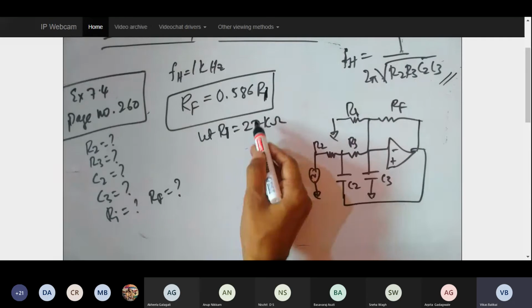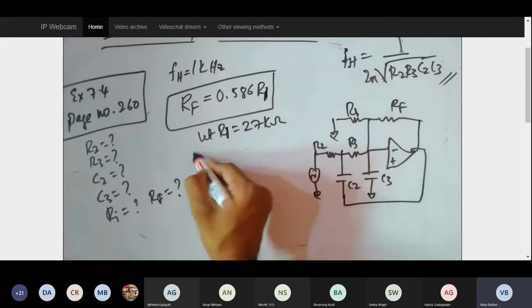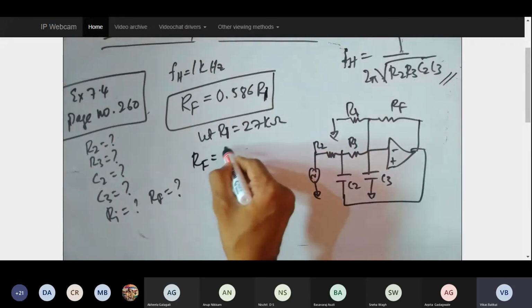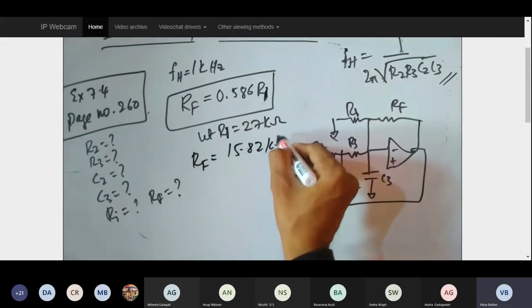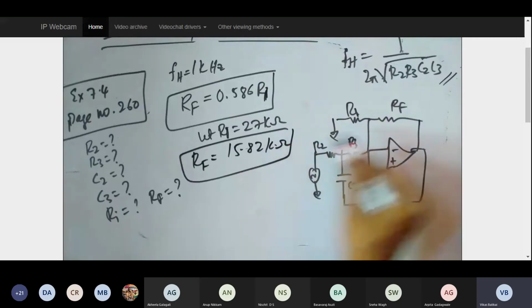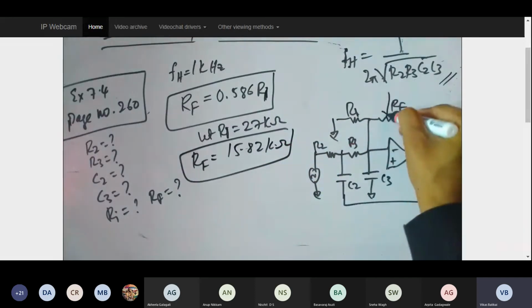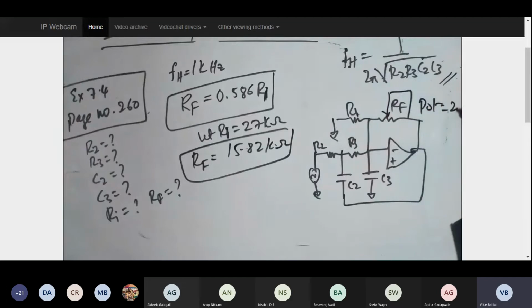If I do this multiplication, I get the Rf value as 15.82 kilo ohm. Because it's a very odd value, I need to use a pot over here, a 20k pot, and accordingly I can adjust my Rf value to 15.82 kilo ohms.